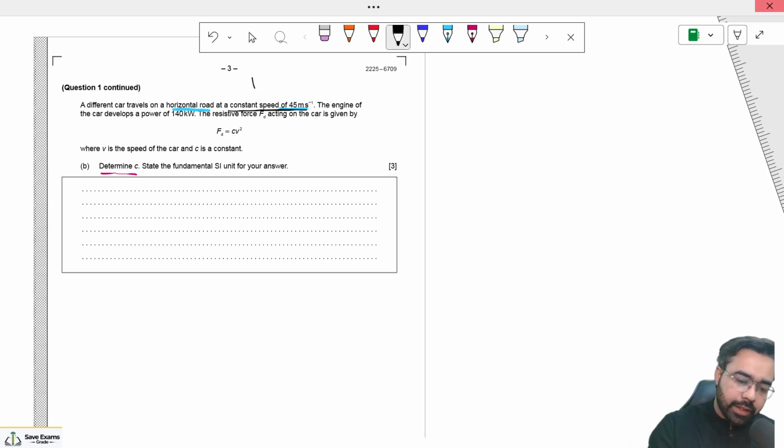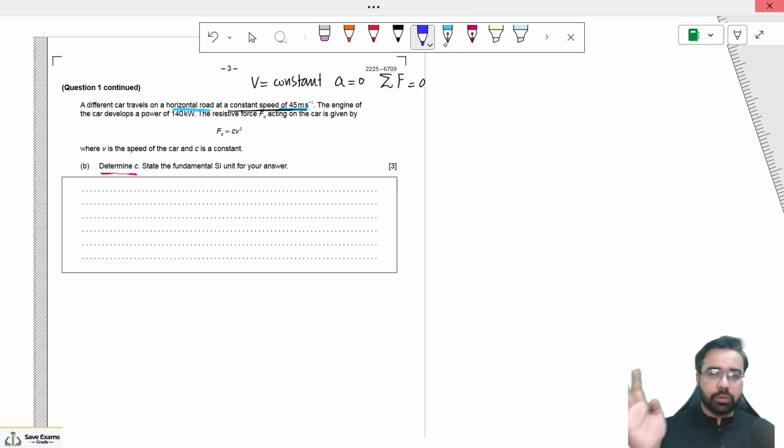If the speed is constant, then the acceleration is 0. And if acceleration is 0, it means that the sum of all forces equals 0, which means the two forces applied on the car parallel to the direction of motion are equal.